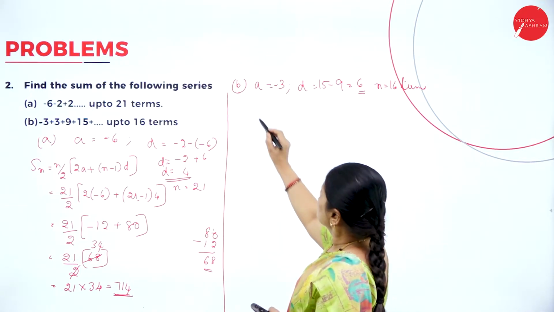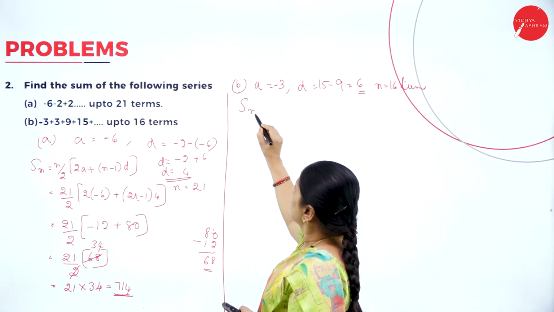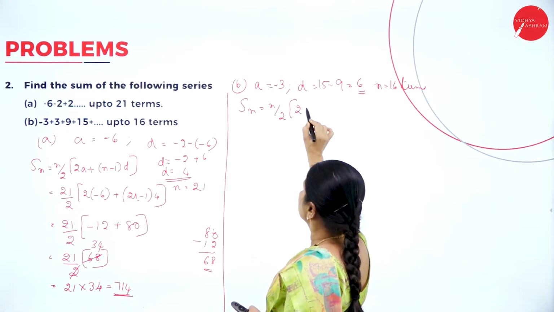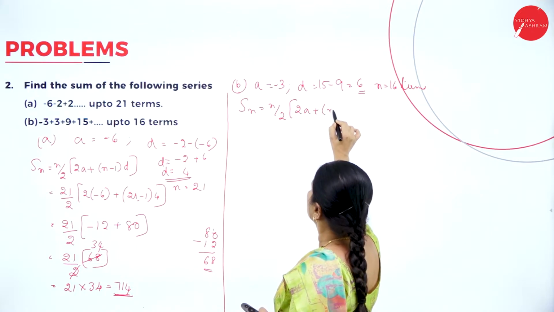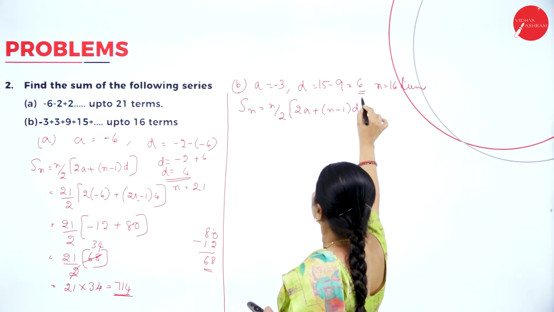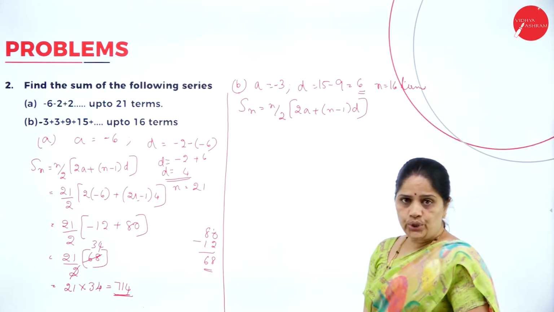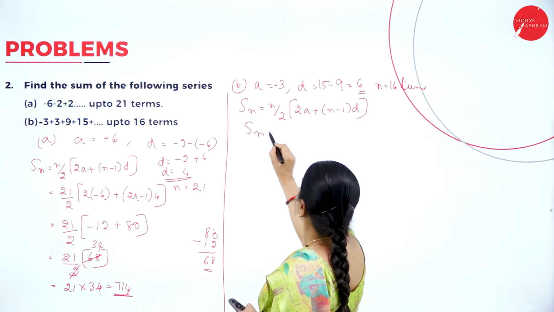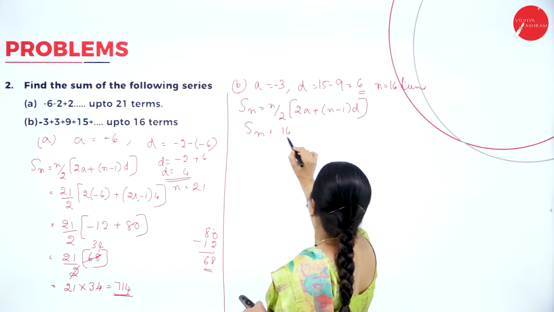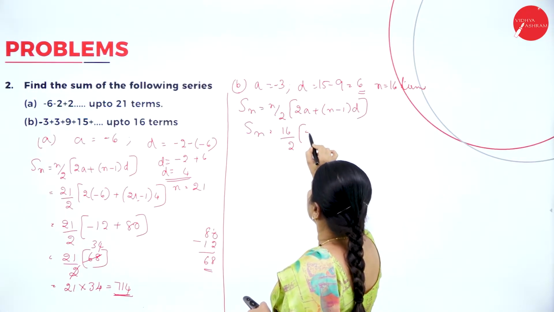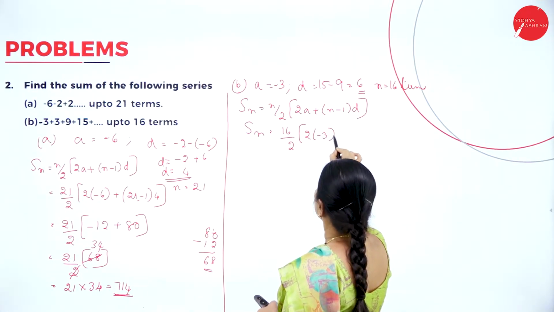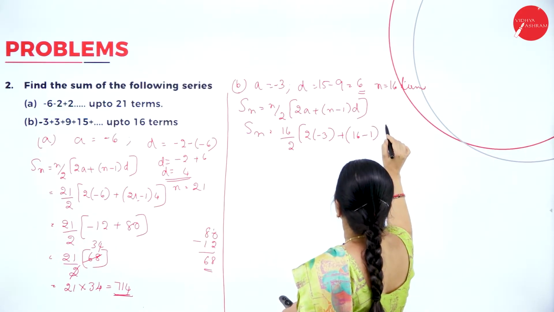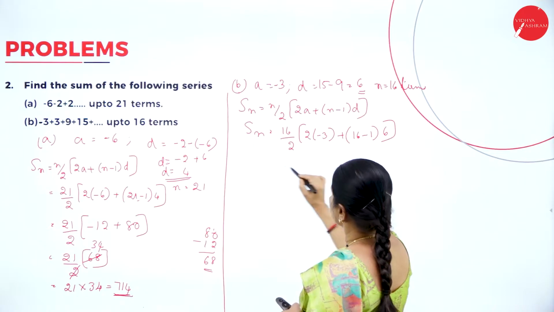So, we use the same formula Sn equals n by 2 into 2a plus n minus 1 into d. So, Sn will be, what is n? 16. 16 divided by 2, 2 into minus 3 plus 16 minus 1 into 6.